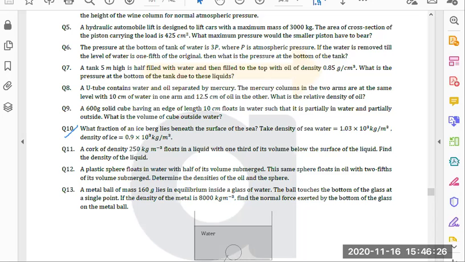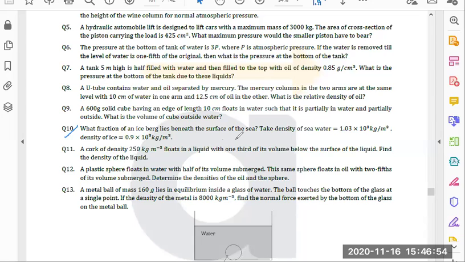Yes or no, same concept. Yes, right? So it's just the density. So we will use the same concept of buoyancy.